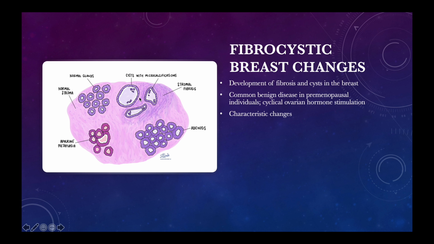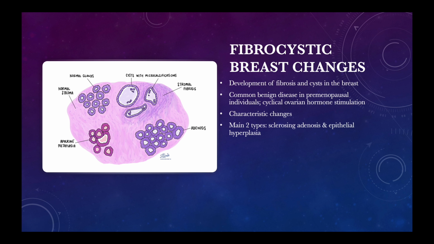Surrounding these areas of huge cysts, we can have stromal fibrosis, so the stroma becomes very cellular. And we can also see increased ductal or glandular proliferation, which is also known as adenosis.